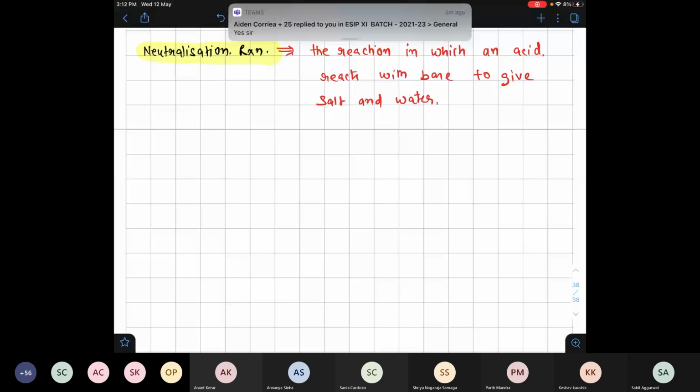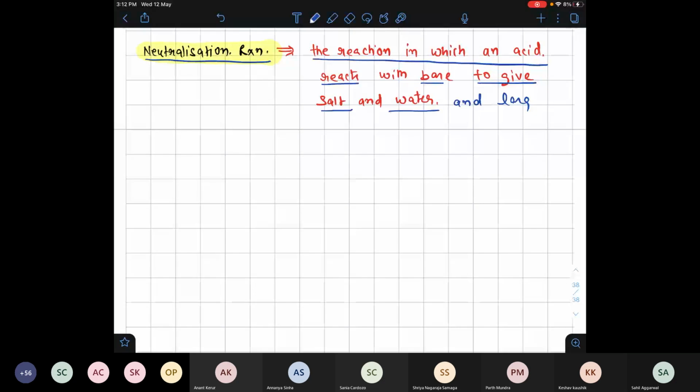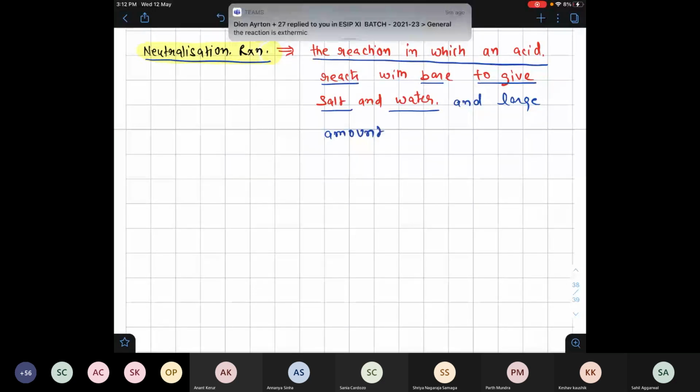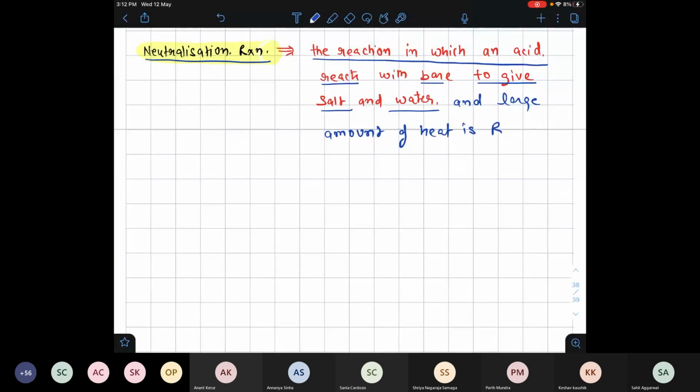लेकिन हम ऐसा नहीं करते हैं. ऐसा क्यों नहीं करते हैं? Because the definition is the reaction in which an acid reacts with base to give salt and water and large amount of heat is released.